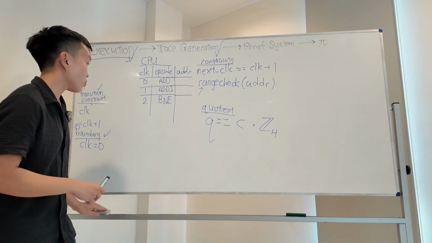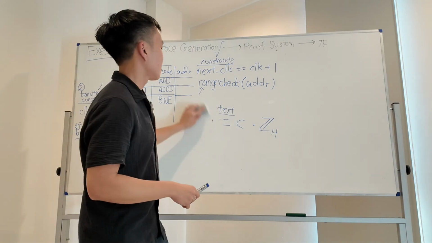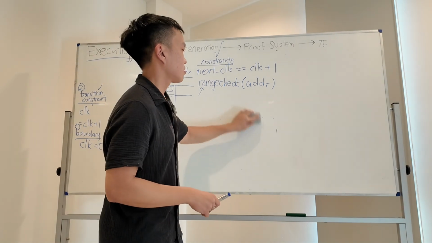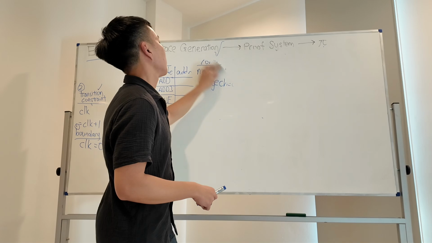And I guess this is where we can talk a bit about logUp, which is what quite a few teams are using right now. So maybe you can talk a bit about that.